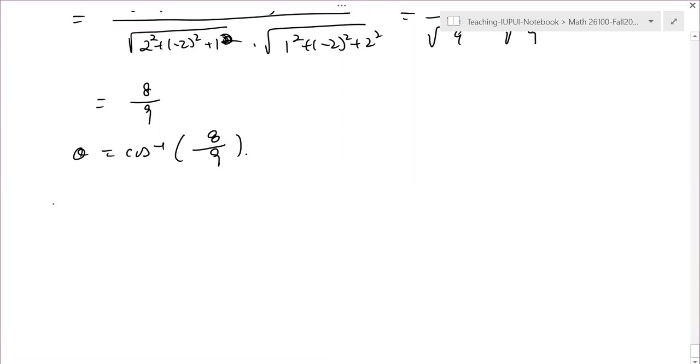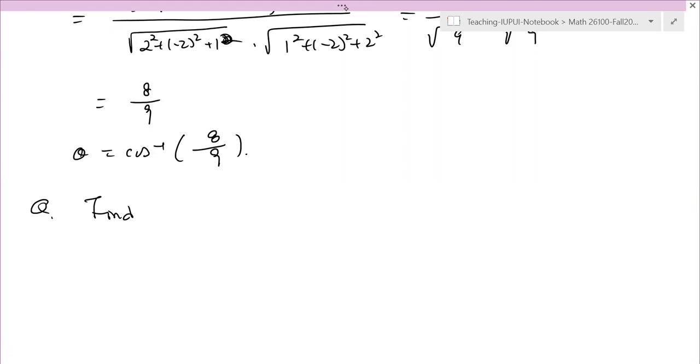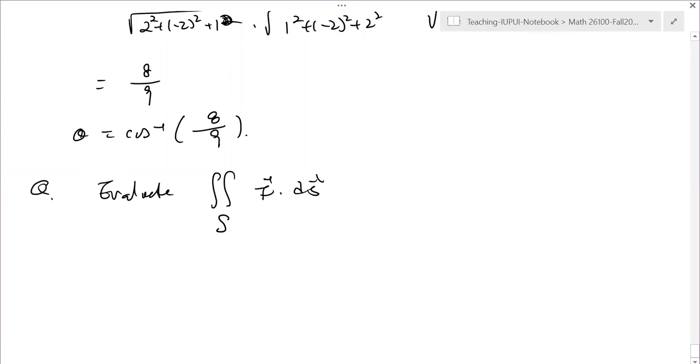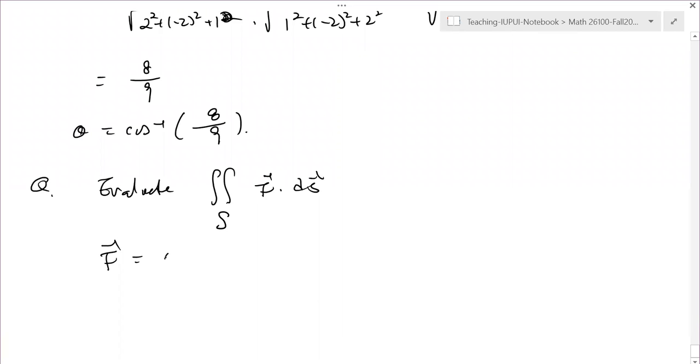All right, let's look at the next problem. Evaluate this surface integral of F dot dS, where F is x squared i plus y j plus z k.